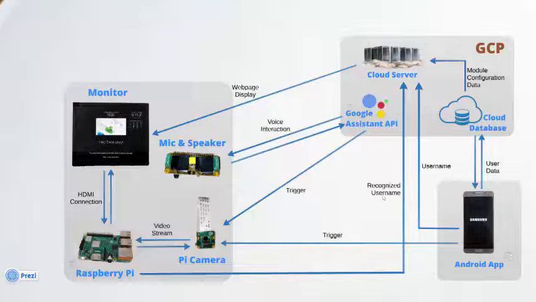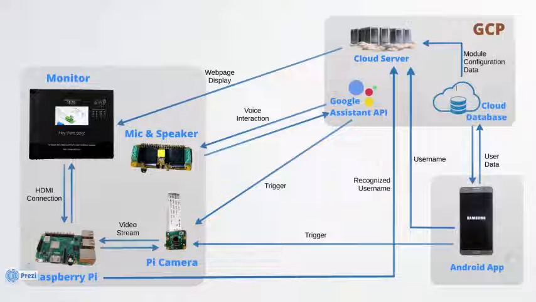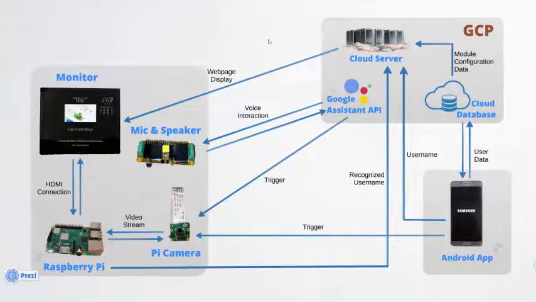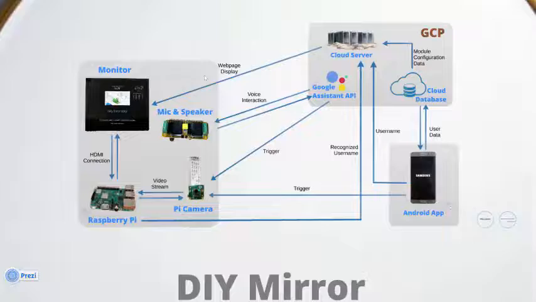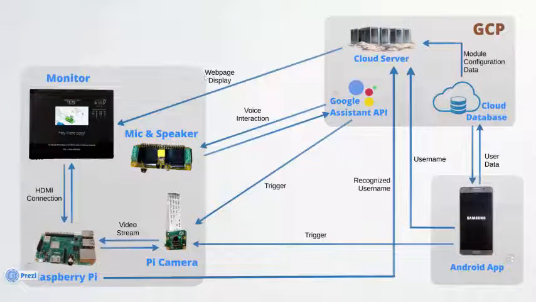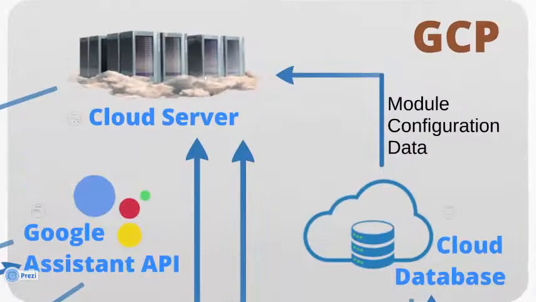So next, I will introduce the implementation of our project. There are three components: GCP, Raspberry Pi and its hardware, and the Android app. GCP includes several parts inside. The first one is the cloud server.